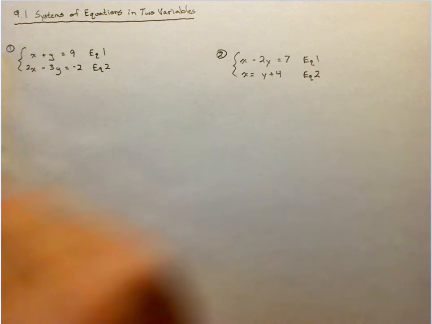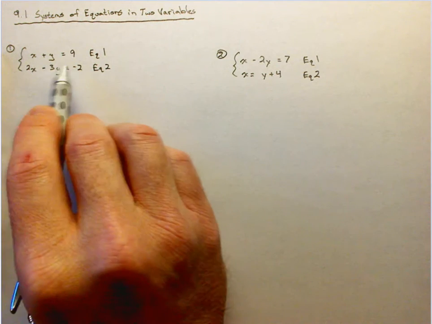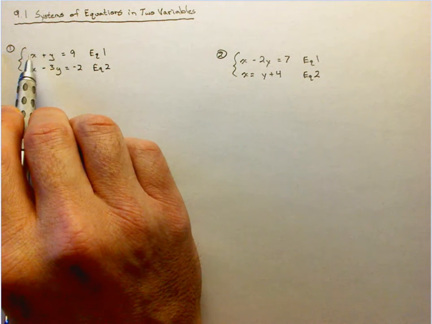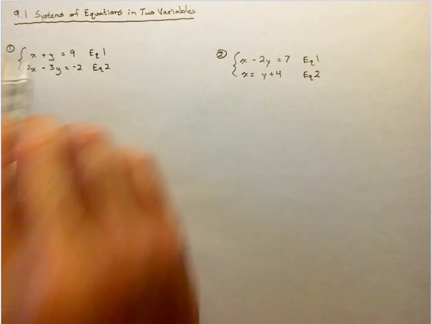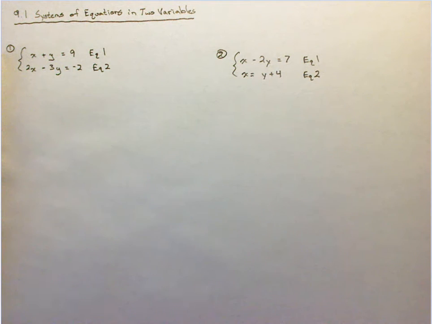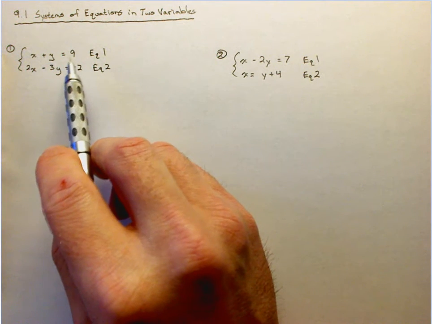Alright, so the first thing I look at is whether the equations I'm given, equation 1 and equation 2, are dependent. Are they the same form of the equation? Can I get one and obtain the other? No. And I can't really see the slopes in this form, so I can't discern any of that.